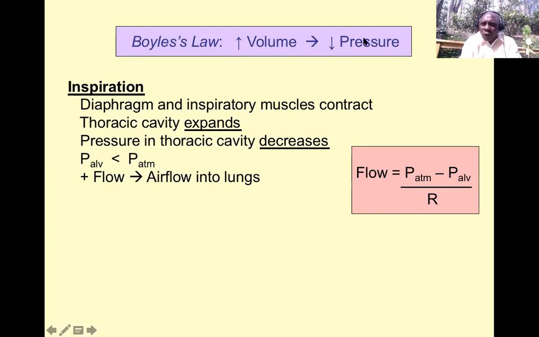Remember, during systole and diastole, the volume of the ventricle changes. During filling, the volume expands and the pressure drops in the ventricle relative to the atrium. During systole, as the ventricles contract, the volume decreases and pressure increases.